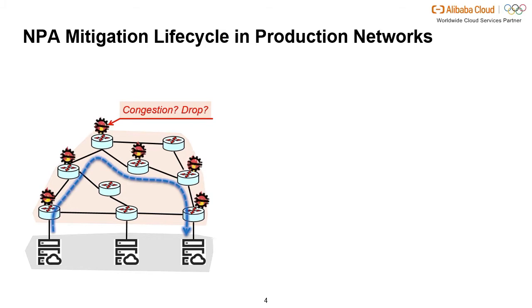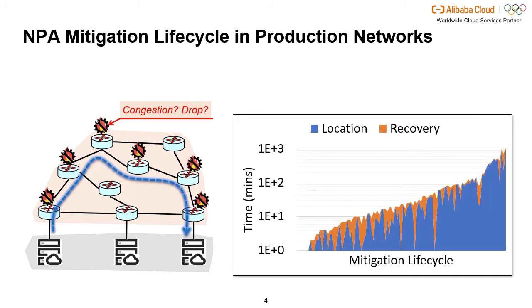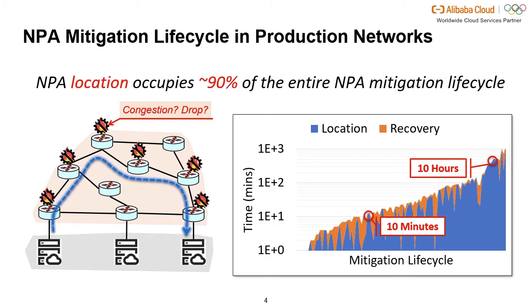Then, operators fix the NPA and recover network performance based on the location information. In production networks, we have observed long life cycles of NPA mitigation that can last for hours or even days. And the NPA location contributes the major part of the overall NPA mitigation life cycle. Thus, NPA location is essential to NPA mitigation.